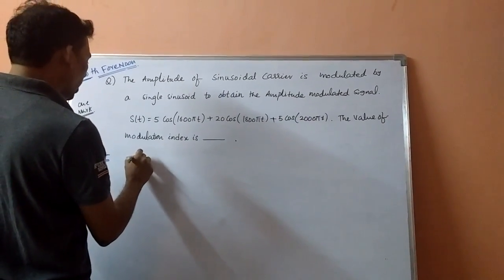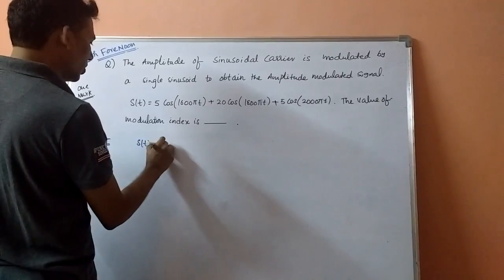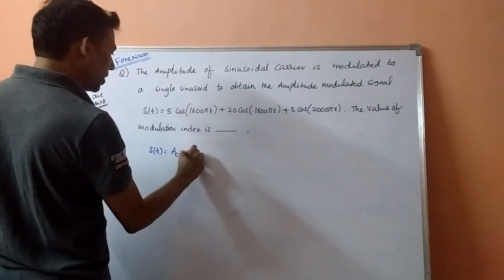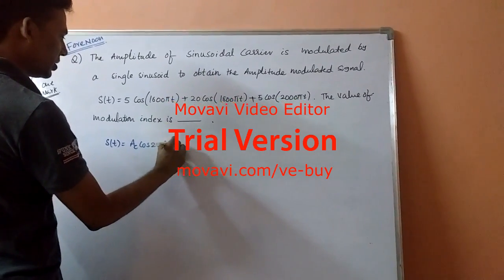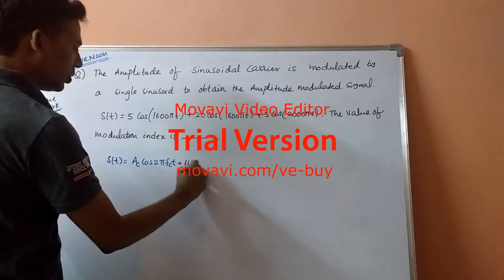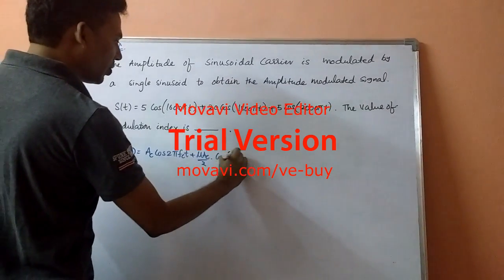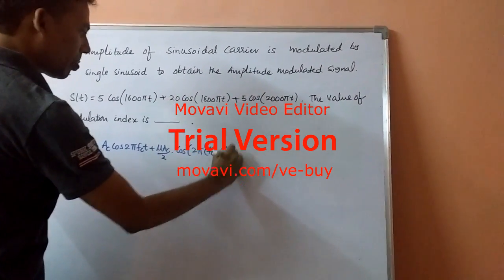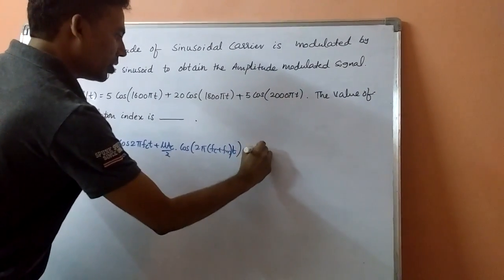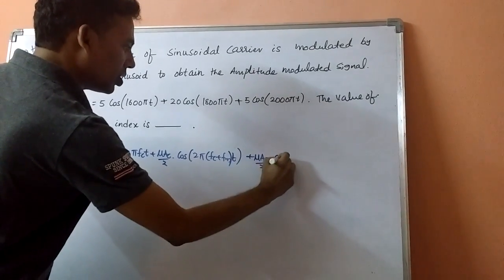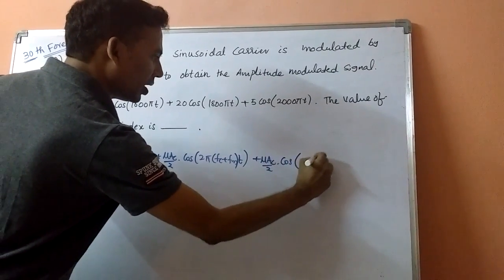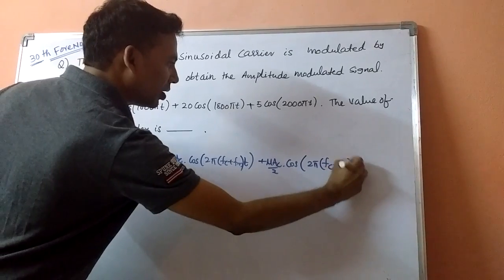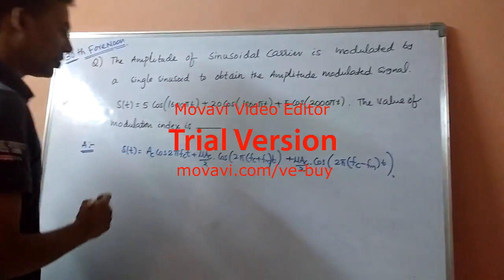A sinusoidal carrier is modulated by a single sinusoid. Then the amplitude modulated signal S of t equals AC cos 2 pi fc t plus mu AC by 2 into cos of 2 pi (fc plus fm) t plus mu AC by 2 into cos of 2 pi (fc minus fm) t.